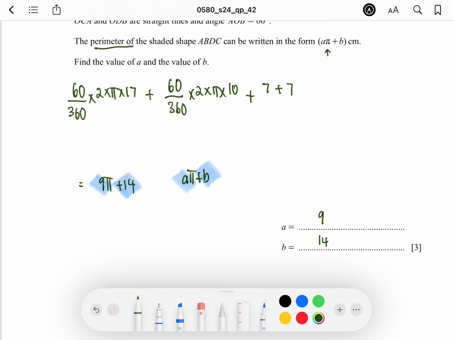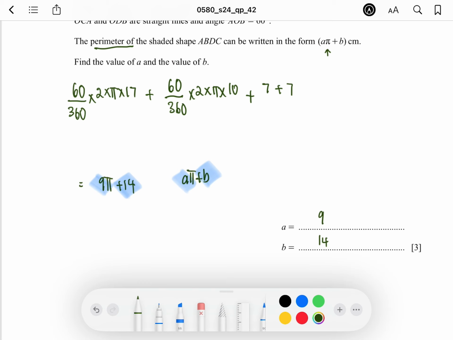What you can do, wait a moment, don't be emotional. What you can do is treat pi like x, so that pi is kept out of the calculation and your final answer is still in pi. You can calculate 60 over 360 times 2 times 17, and then the next one, 60 over 360 times 2 times 10.